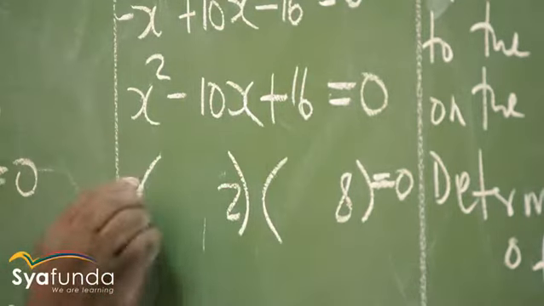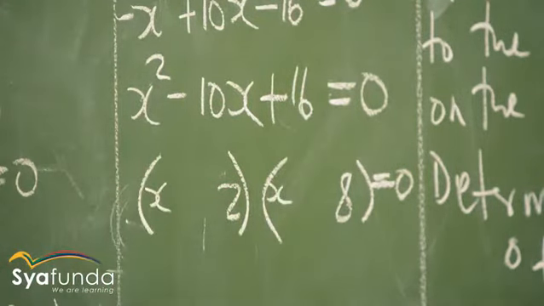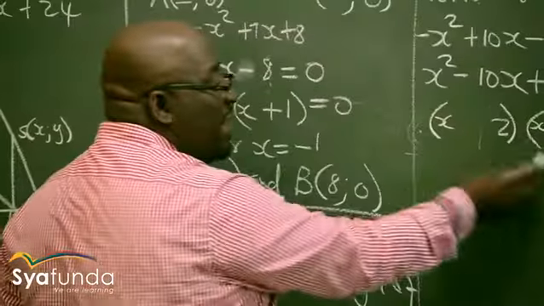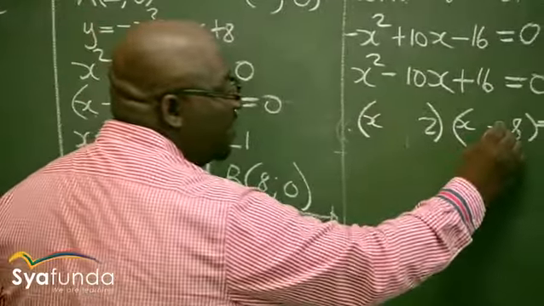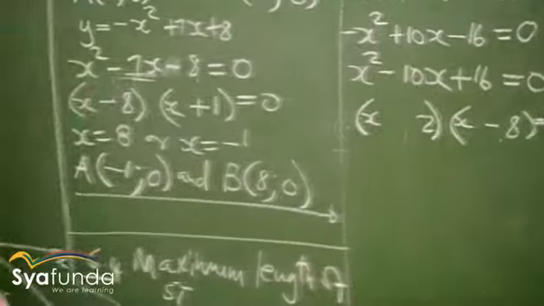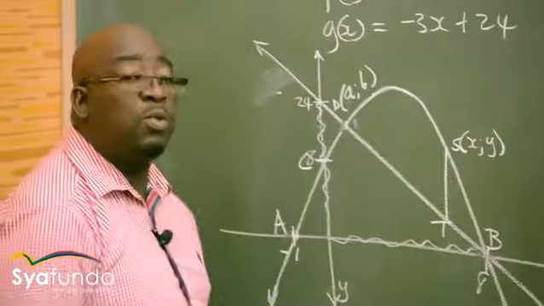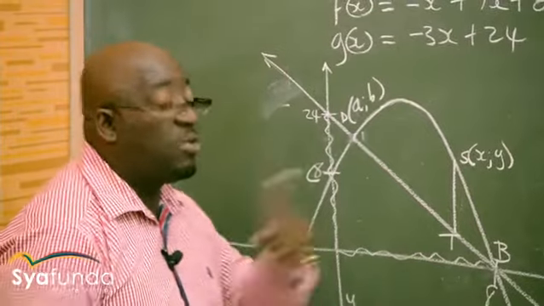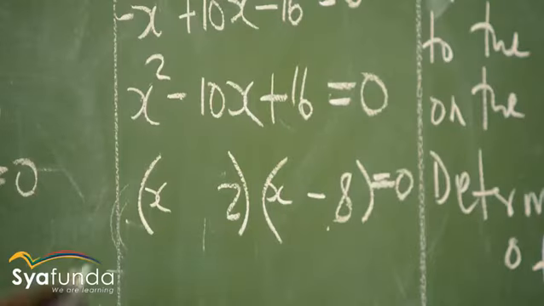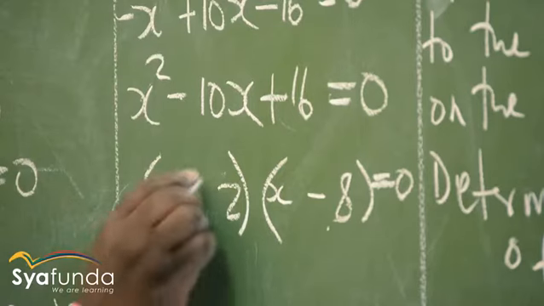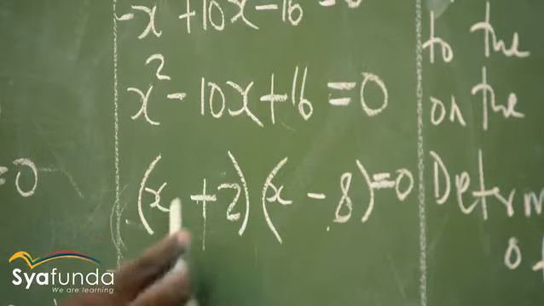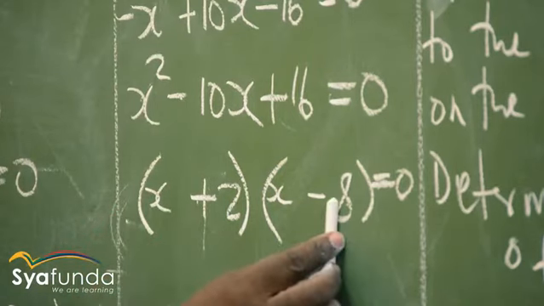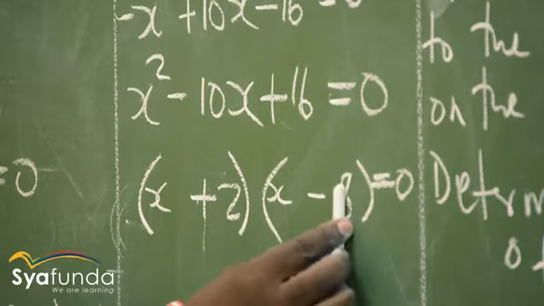So the x squared, we can get it by x and x. Right, so let's push in values. Because this 10 is negative, the bigger number here must be negative. If it is negative, when I solve it, I will get a positive x, as we got in this particular case. The value of x then, let's write this one, the sign is positive. Positive times negative. Let me check. This is 8 times 2.